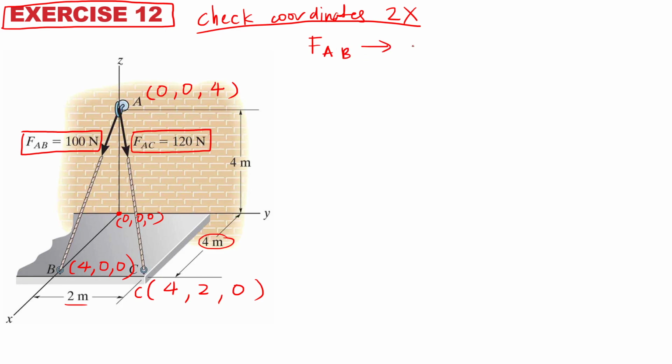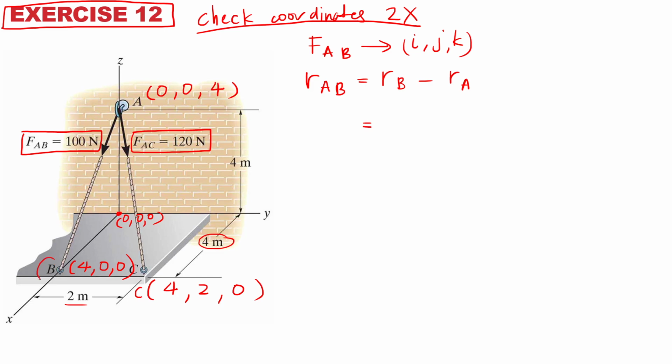Since you are converting FAB into vector, which is i, j, k, you need to find RAB. RAB is the unit vector. In order to get this, you need to get RB minus RA. So what is RB?